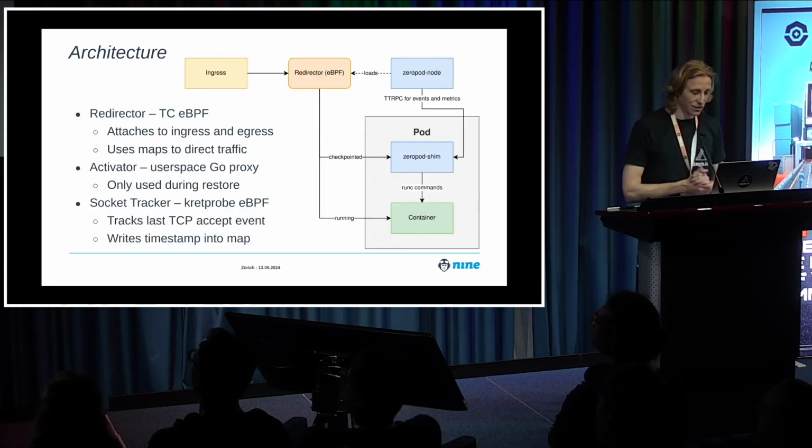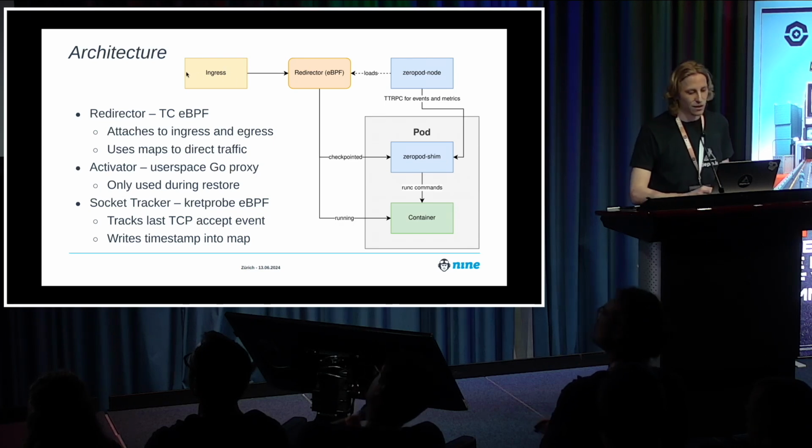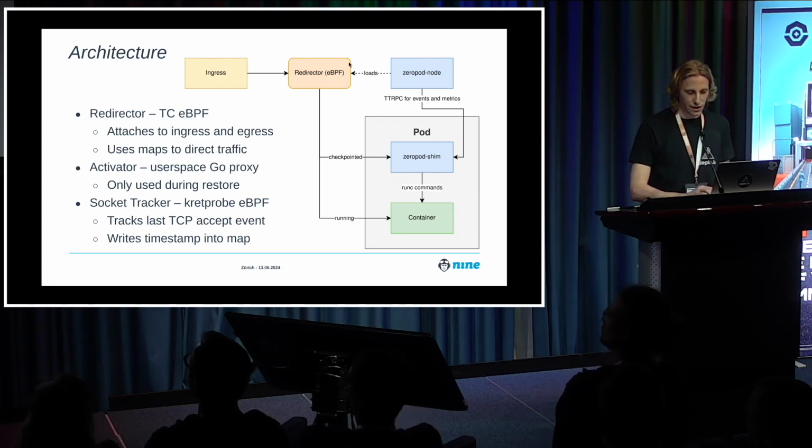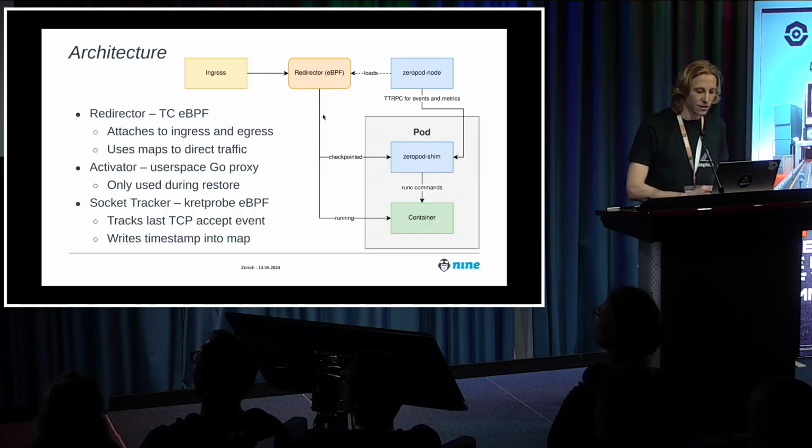So, architecture. Here in the upper left, we have any ingress. As I said, it could also be a port forward or something like that. It could be a service type load balancer. It doesn't really matter. It's just traffic to the container. Then in the kernel, there's this redirector eBPF program loaded, and this will make a decision based on the state of the application.